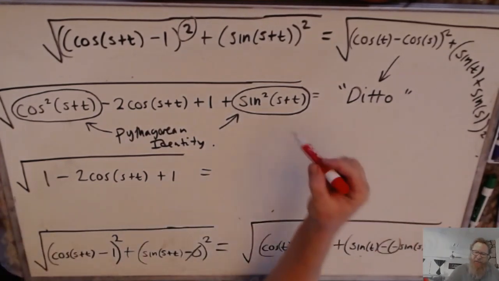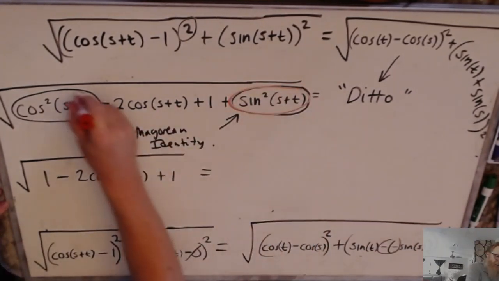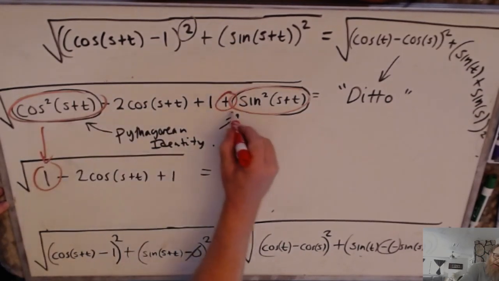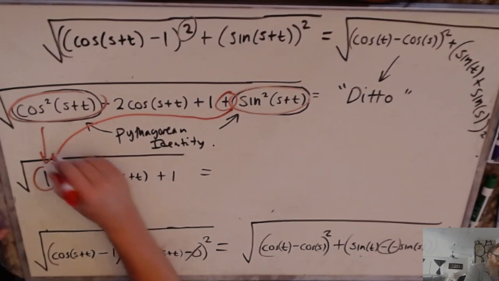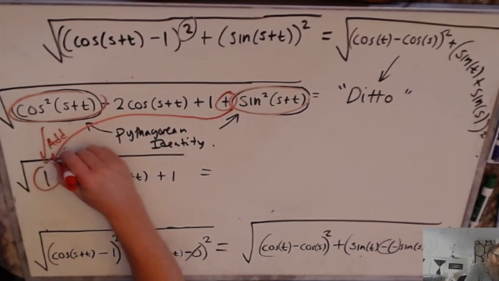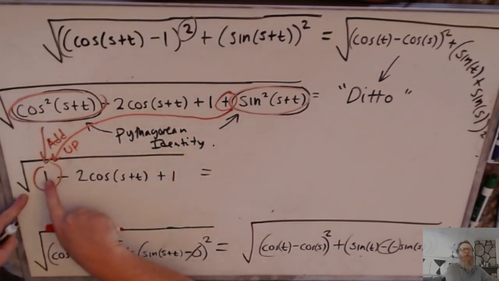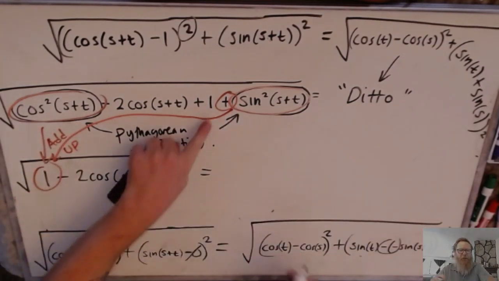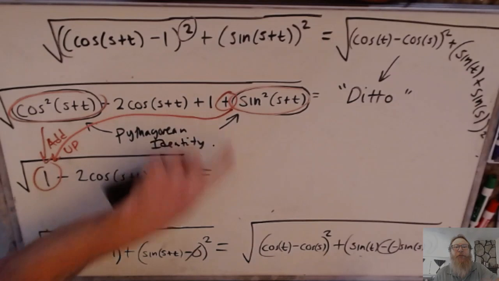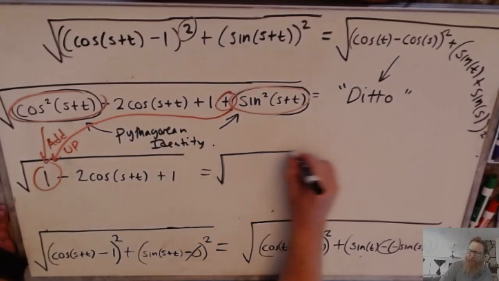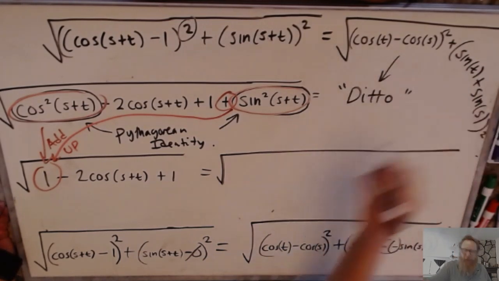So this sine squared and this cosine squared join together. They're adding together to become 1. So we're adding these two up, and we're getting 1. You do have to make sure it's addition if you're going to use that identity. All right, now I just made myself a bunch of room, so now I can bring all this stuff down.